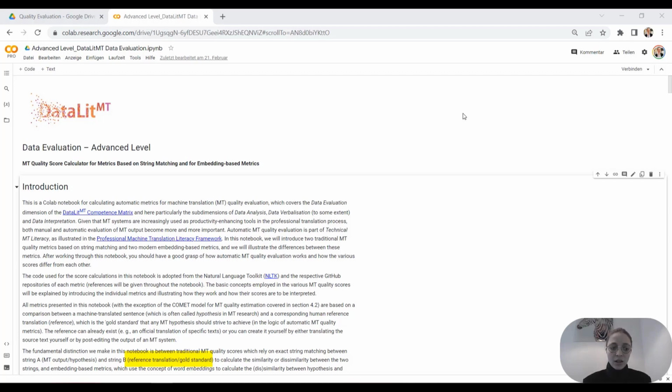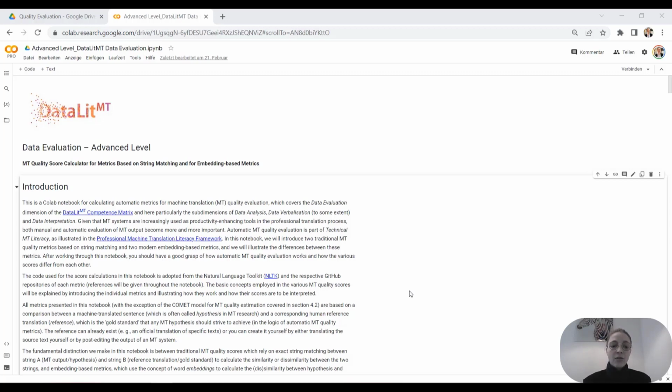So this is the reference, and then the machine translation sentence that we have in comparison is the hypothesis. So these are the two sentences that we compare, and usually we aim to have the hypothesis be as close as possible to the human reference.